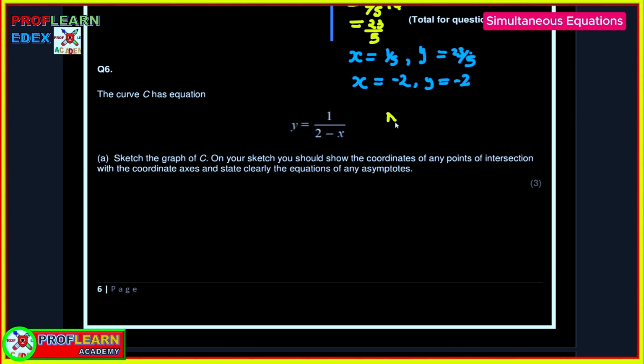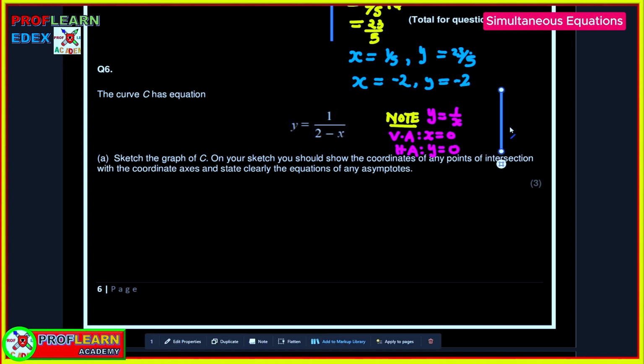Now, let's have a note. We write a note here. In the event you have an equation like y equals 1 over x, we know the vertical asymptote is going to be x equals 0, and the horizontal asymptote is going to be y equals 0.